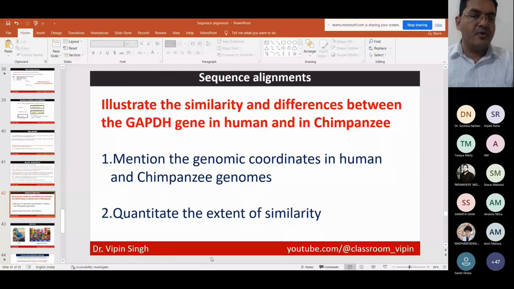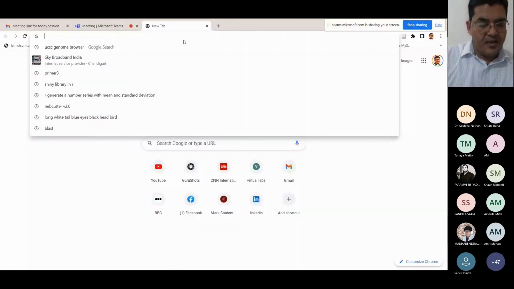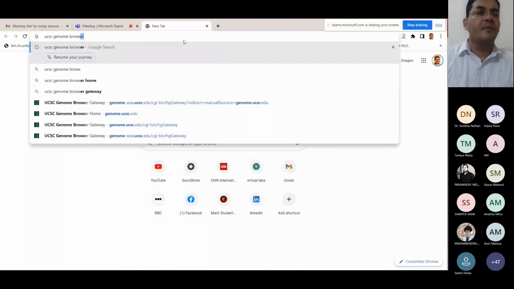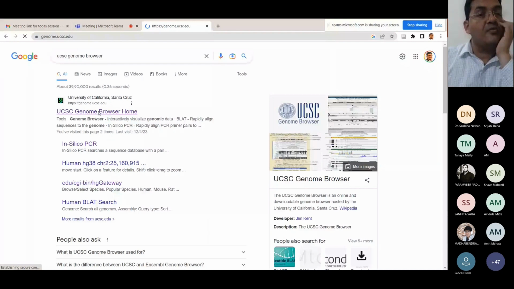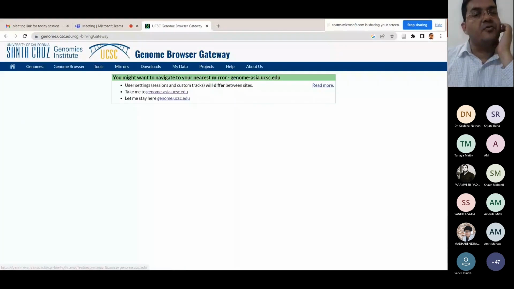So first thing is we need to retrieve the sequence of GAPDH, right? For that, we have done it multiple times now. We'll go to the UCSC Genome Browser. You press enter, you come up here to the UCSC Genome Browser home, and then of course to Genome Browsers, and then you go to the Asia site or the other site, whichever way you want to do it.